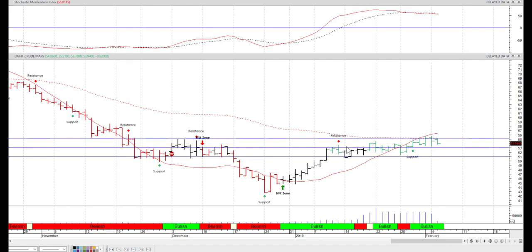So what do we need to do? This old resistance that struggled to be support and now is holding as support is likely to give us pressure to the next area of resistance, which is probably between, well, that is super noisy, isn't it? Probably somewhere around 56, 56.20.